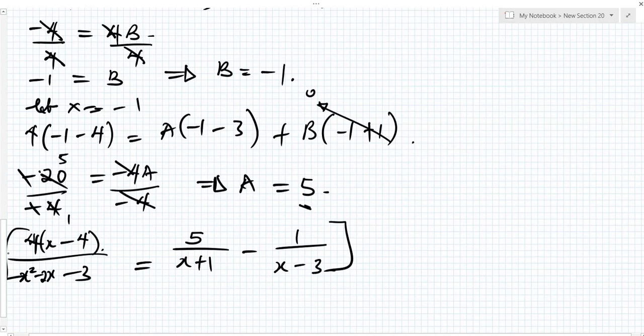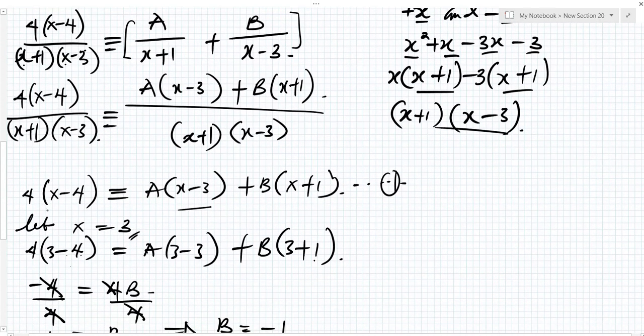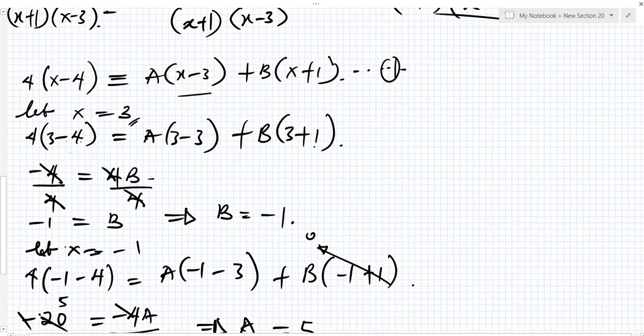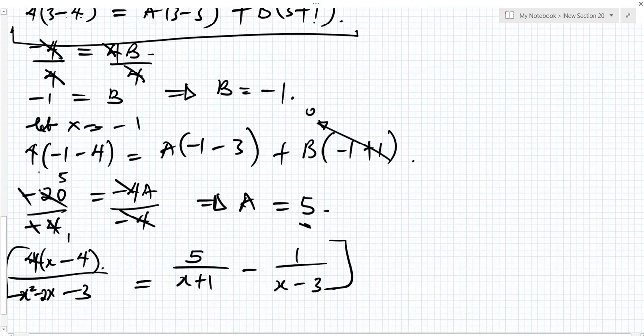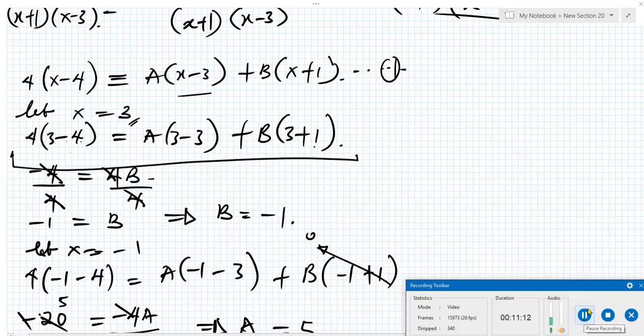But if you want to also check if your answer is correct, we expand this expression.